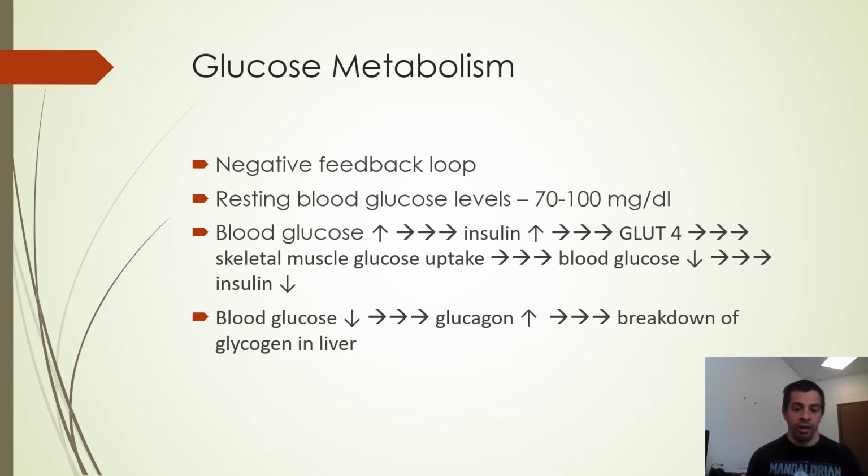So there's a cascade effect. As insulin is increased, this causes an increase of GLUT4. GLUT4 is another very important transport carrier. GLUT4 is going to help transport blood glucose to skeletal muscle. Incredibly important that we understand that.